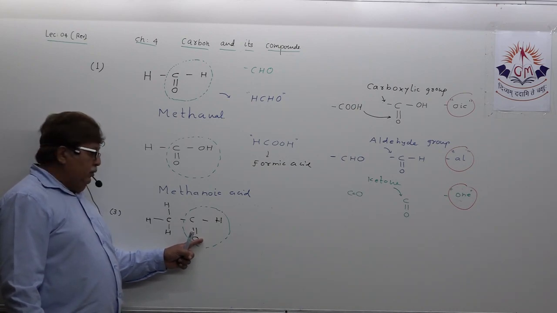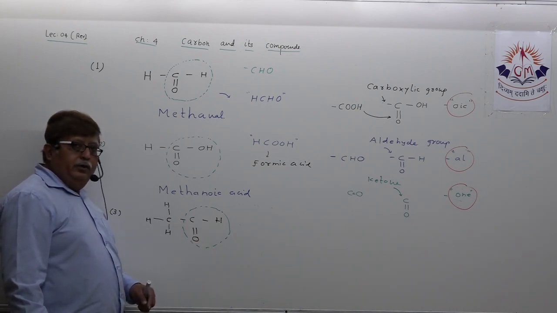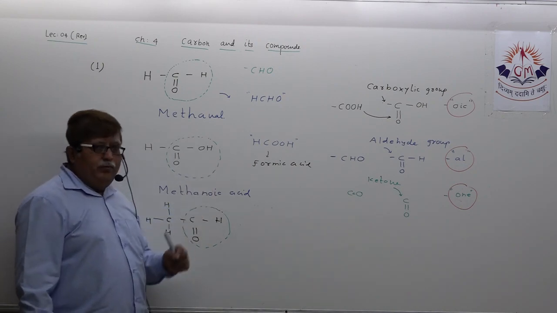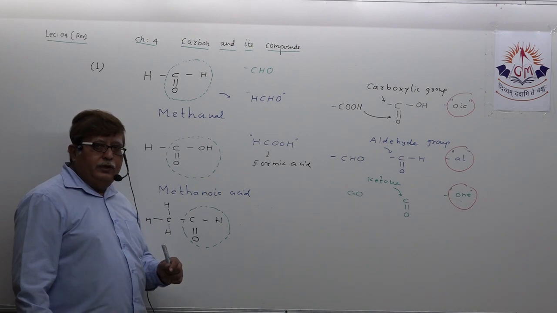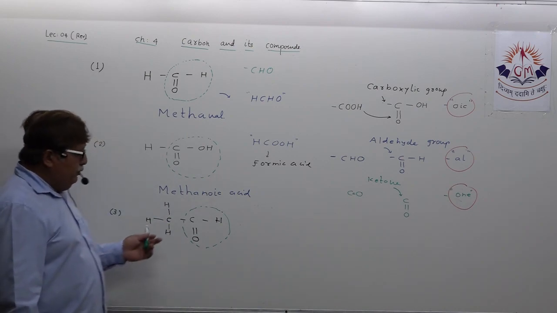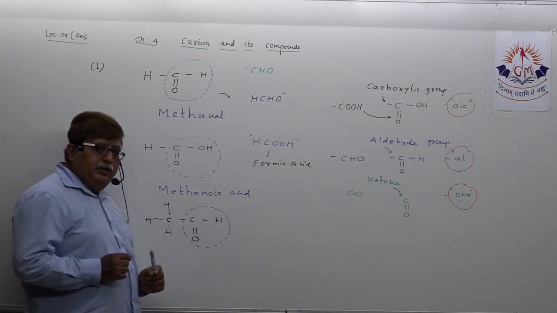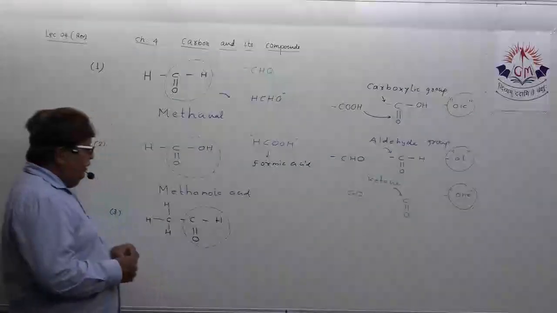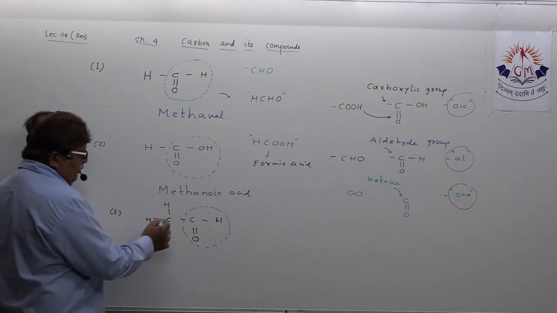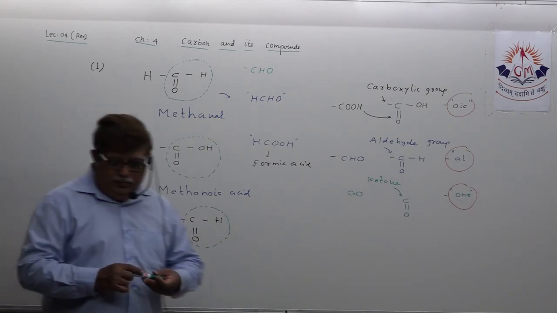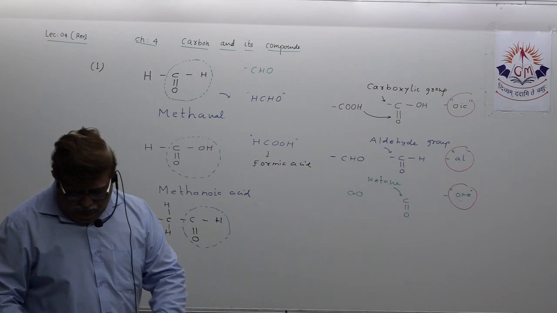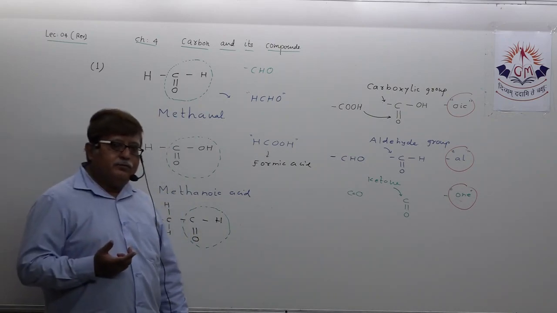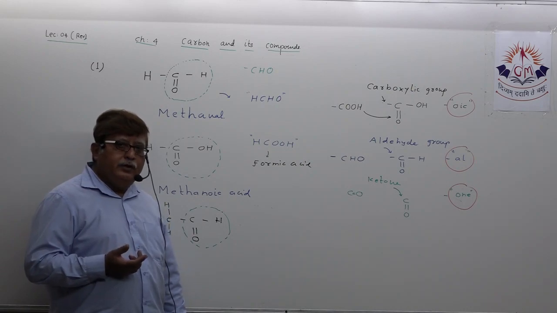Presence of CHO group means aldehyde group, suffix al, and for naming the organic compound we have to count the number of carbon atoms. How many carbon atoms are there? Two carbon atoms, and as you all know, dear student, two carbon atoms means what? Ethane.